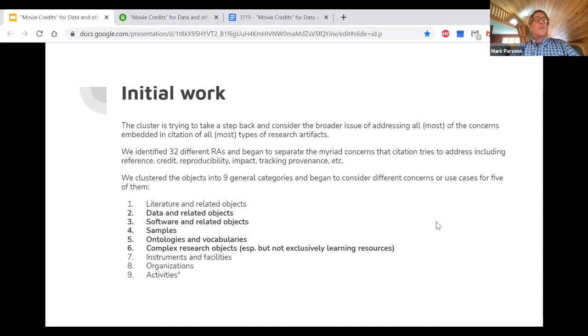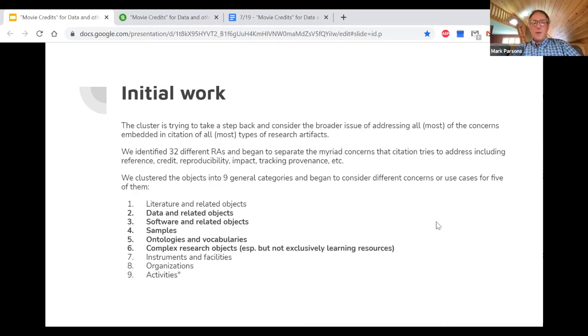We originally called them research objects, but that has a very specific meaning in some communities. So we've started using this somewhat awkward term, research artifacts, things that are produced as a result of research. And then we began to separate the concerns that citation tries to address, including reference, credit, reproducibility, impact, provenance, et cetera. Then we clustered those 32 different artifact types into 9 general categories that you see there.